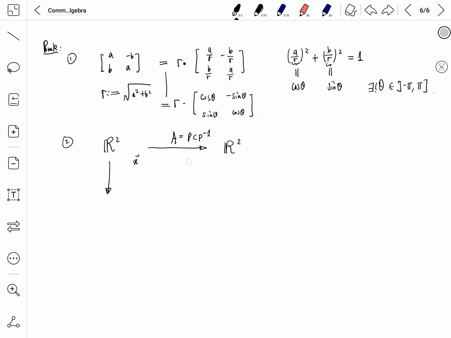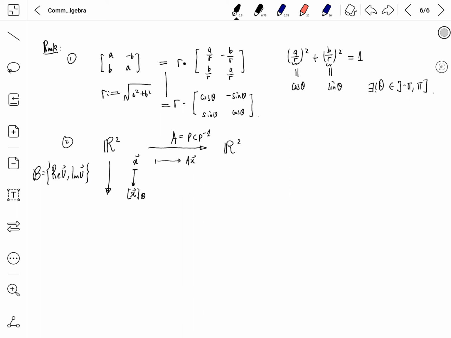Instead of mapping it to Ax, I could first map it to its coordinates under the basis B, which I fix to be the real part of V and the imaginary part of V. It's a new basis.